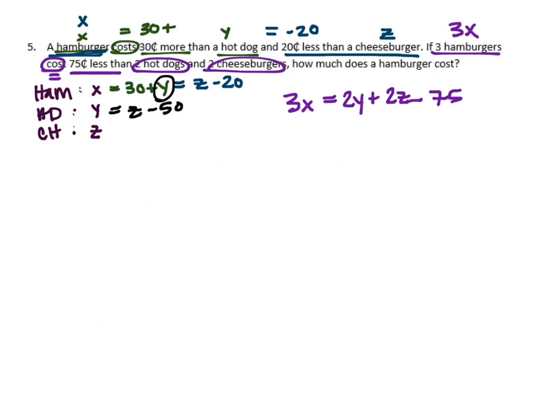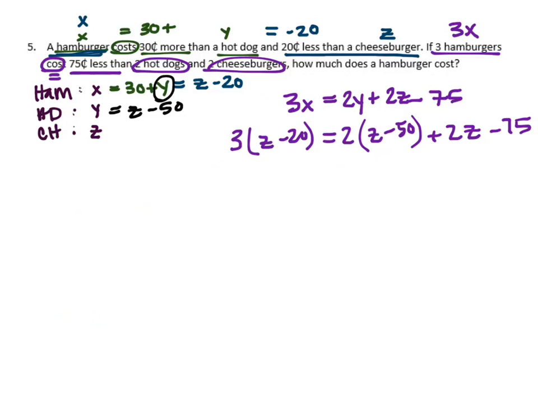So if I plug in 3 times z minus 20 is equal to 2 times, and y we know as z minus 50, plus 2z minus 75. Now from here, I'm going to ask that you continue on and finish this on your own.